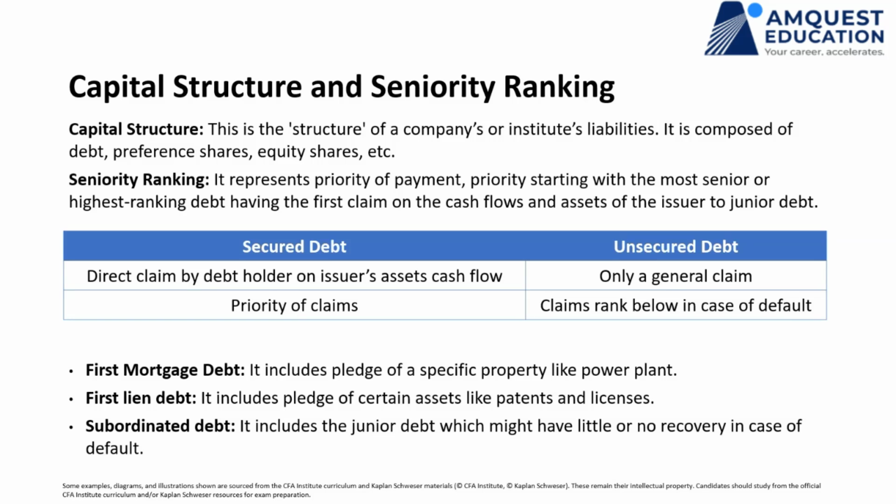Subordinate debt includes the junior debt, which might have little or no recovery in case of default. That is why it is called subordinate or junior debt, because there may be a possibility where no money is left for the subordinate debt or the junior debt. There's a real possibility that can happen.